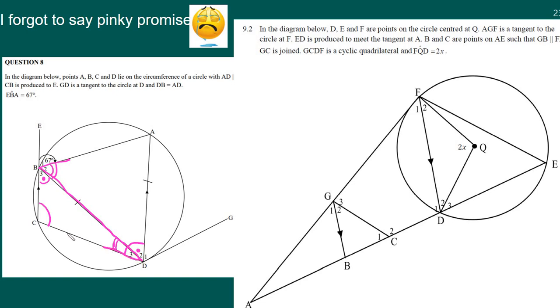But now is line CD parallel to line AB? Nope. Okay, so B3 and D2.